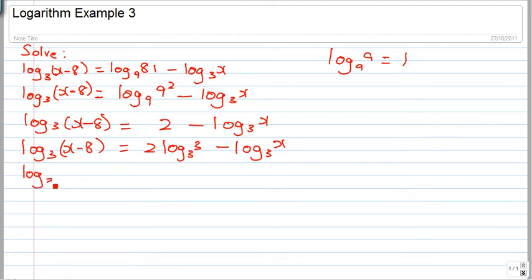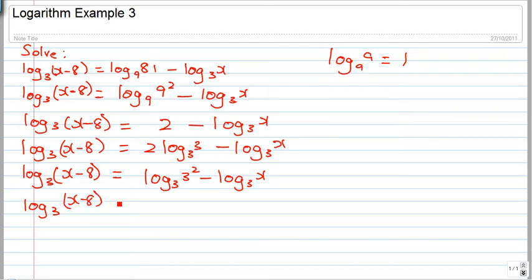This is log base 3 of x minus 8. This can be written as log base 3 of 3 squared minus log base 3 of x. This becomes log base 3 of x minus 8 equals log base 3 of 3 squared, which is 9, over x.